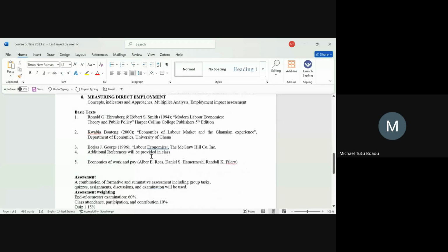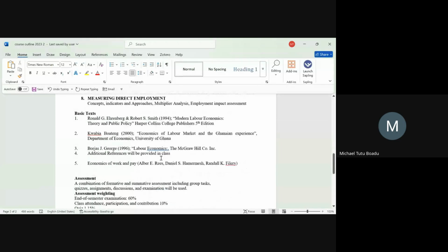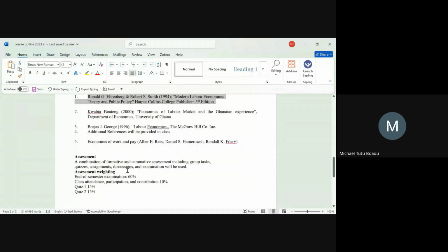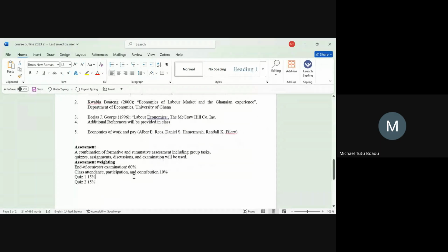So these are the reading materials. There are 5 reading materials, but the main one is the first one, Ronald J. Ehrenberg and Robert S. Smith. That will be our main text, and the rest are supplementary reading materials. Mode of assessment, I think you know much about how you are always assessed.